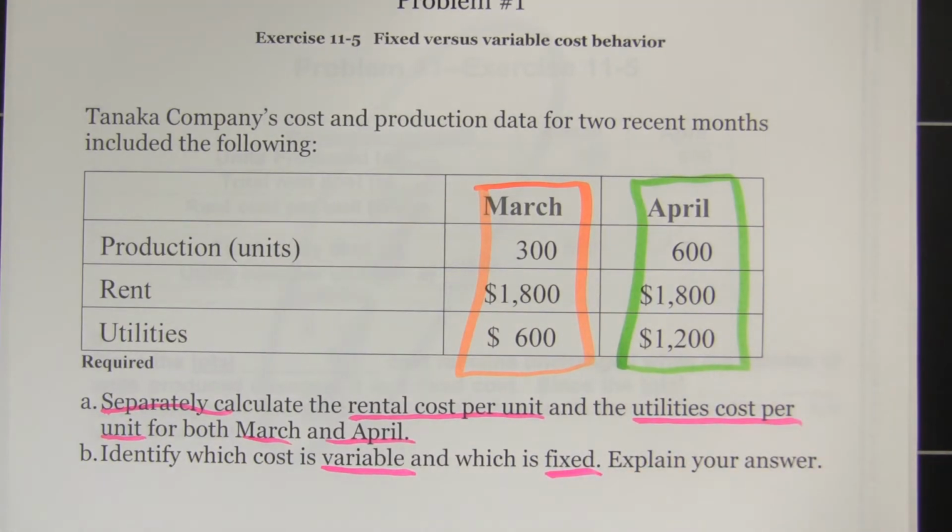Remember, variable stays constant at the unit level and goes up in total, where fixed stays fixed at the total level and changes at the unit level. So we can do this. This is not so tough.